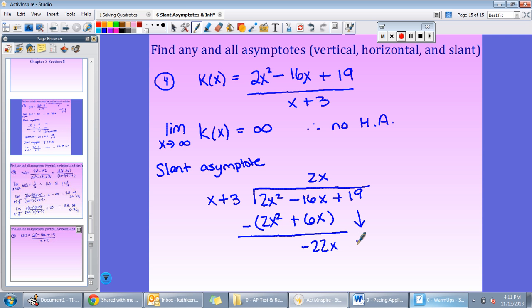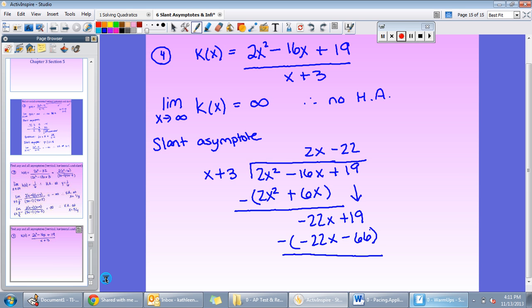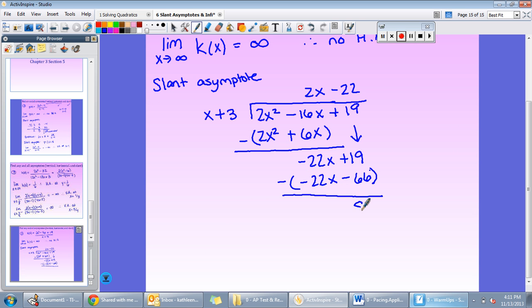And then you bring down the 19, and you try to look at how many times x goes into negative 22x, and that's obviously negative 22 times. And when you subtract that, we're going to get 85 as our remainder.